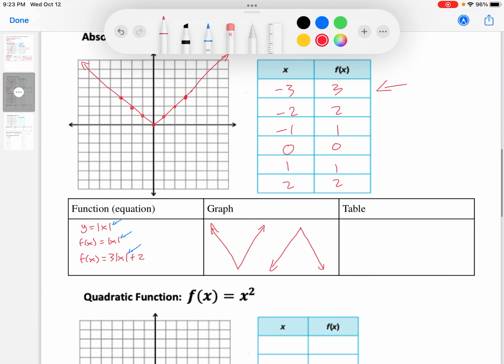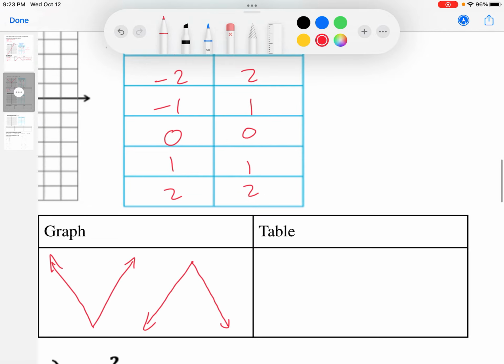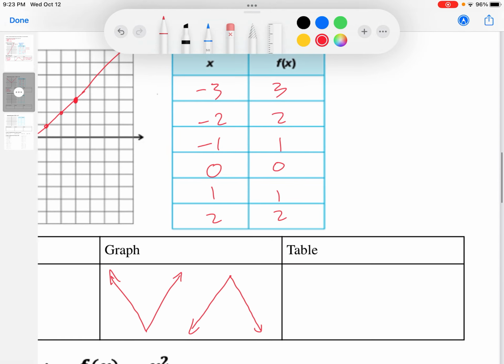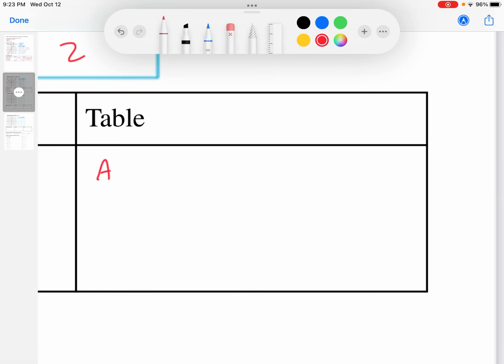All right, the table, this is perhaps one of the trickier things that we'll look at today. Not too bad at all, but here's what I mean. Here's what's going on with the table.